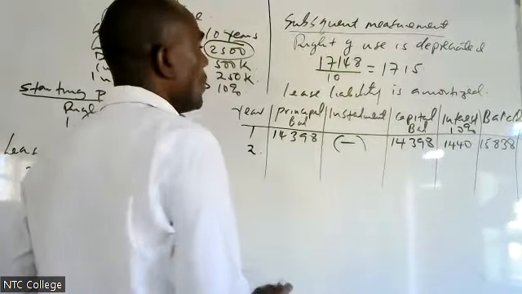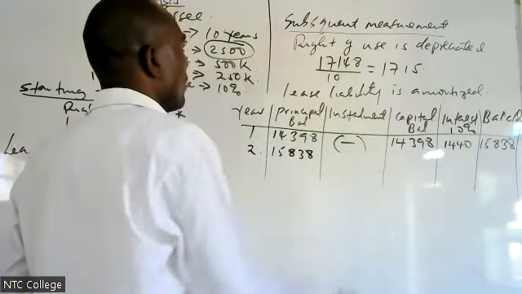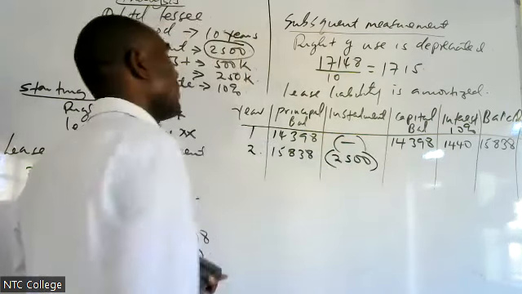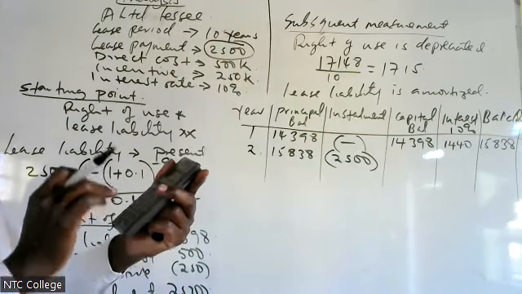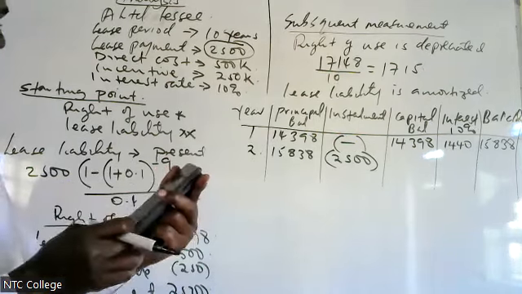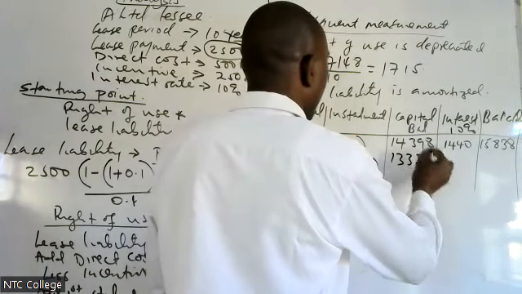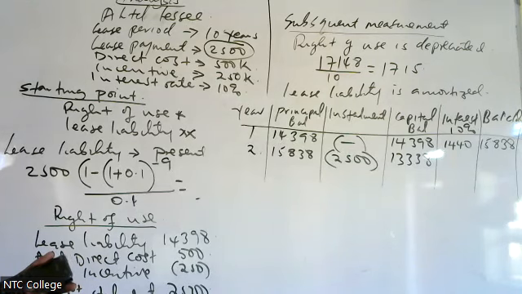Then year 2, now my opening balance is 15,838. Now we are going to pay the installment of 2,500. Then I subtract here 2,500. I'm getting 13,338 there. Then I charge 10% of that.